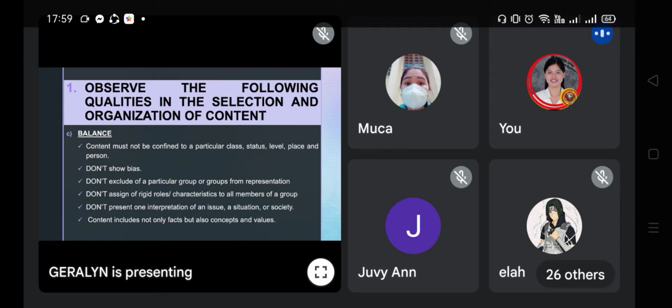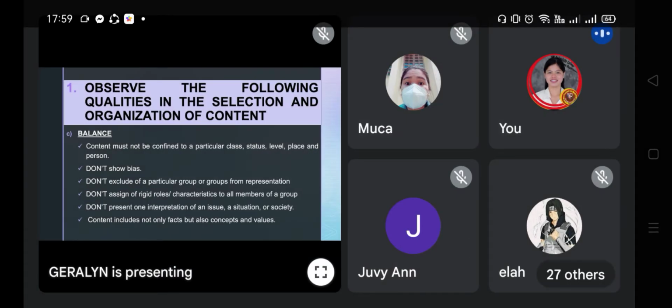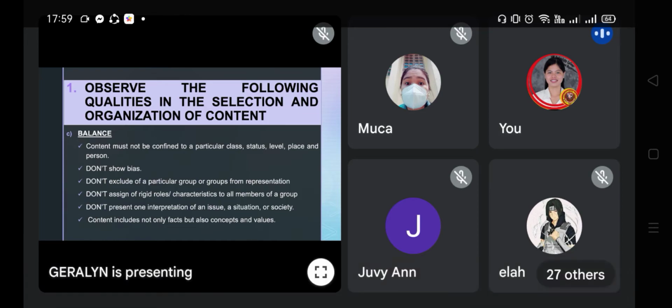Mao gani nga maghilak-hilak sila, di ba? Mangluod because they want attention. Nganong magkiat ang bata because they want attention. And pag ma-feel sa bata nga mas kinatagaan nimo og attention ang another student, mawala na sa gana.